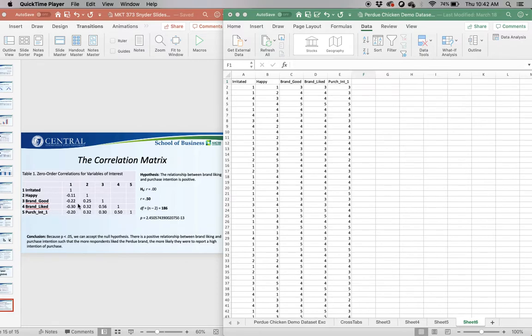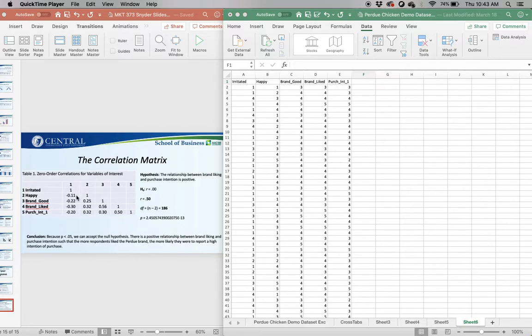So, here's the correlation matrix for those 5 variables, right? Variables 1, 2, 3, 4, and 5, and then the corresponding column headings to go along with those 5 variables.